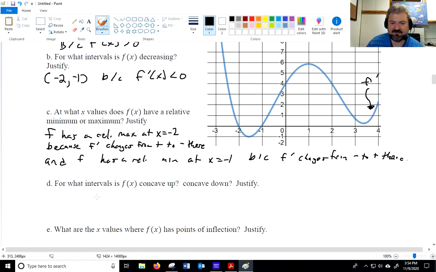For what intervals is f of x concave up? We have the graph of f prime, so we need to describe concavity not by the sign of f double prime, but on the behavior of f prime. So f is concave up on the intervals where f prime is increasing. So that looks to be approximately -1.5 to 1.